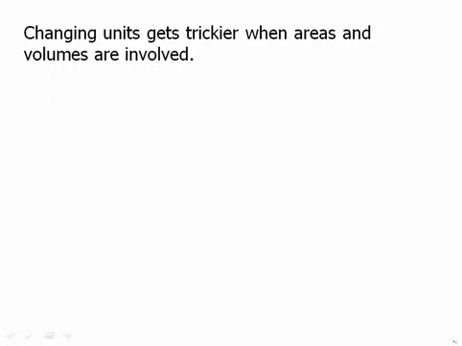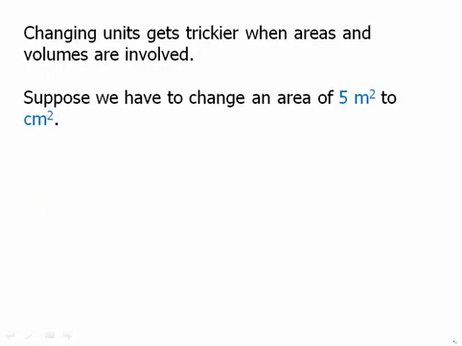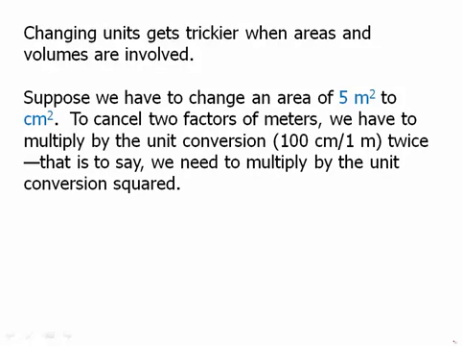Changing units gets trickier when areas and volumes are involved. Suppose we have to change an area of 5 square meters to square centimeters. To cancel the factors of meters, we have to multiply by the unit conversion 100 centimeters over 1 meter. We have to multiply by that twice.